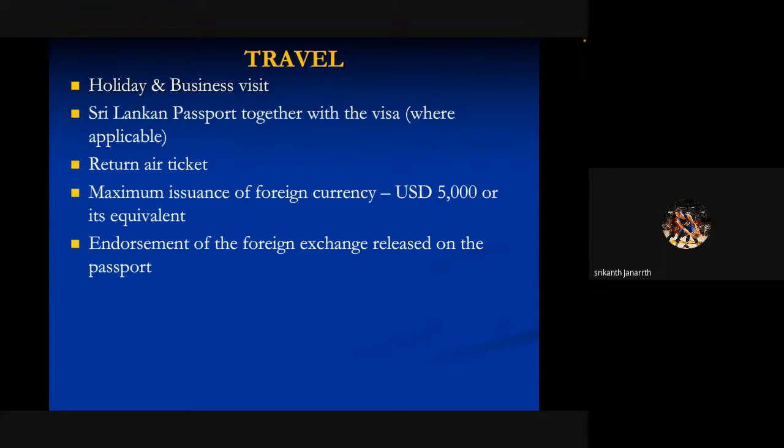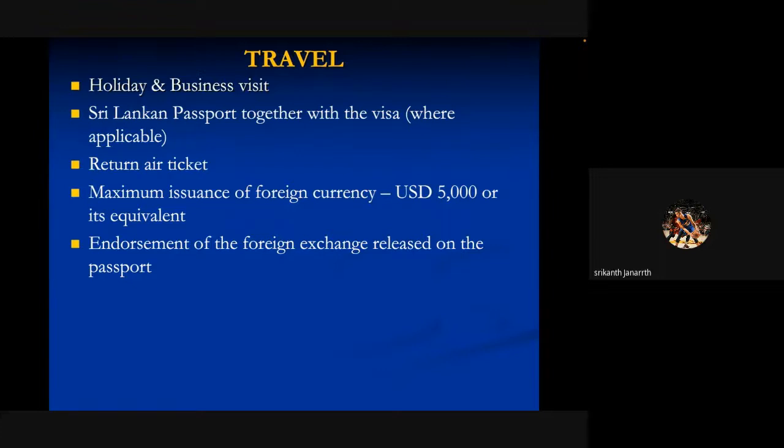Currently, the maximum currency notes you could issue is US dollar 5,000 or its equivalent in any other currency. So for travel you can issue foreign currency notes, 5,000 or equivalent. Remember, this is currency notes. What are the requirements? The requirement is they should come with their passport.